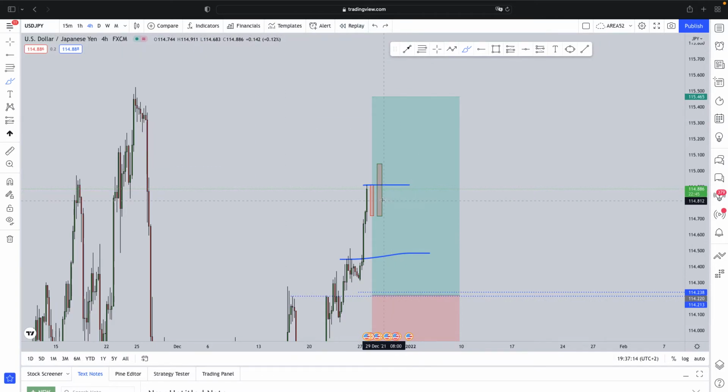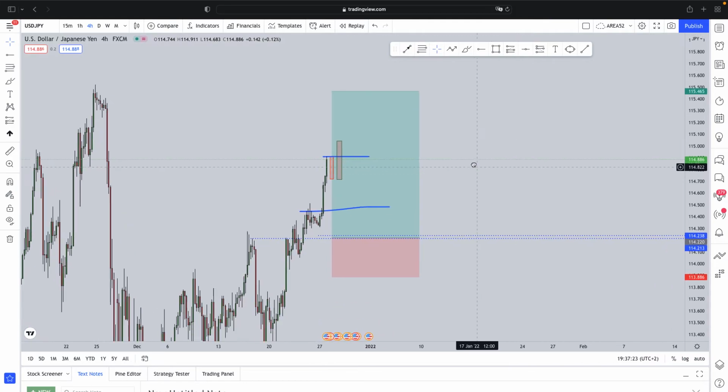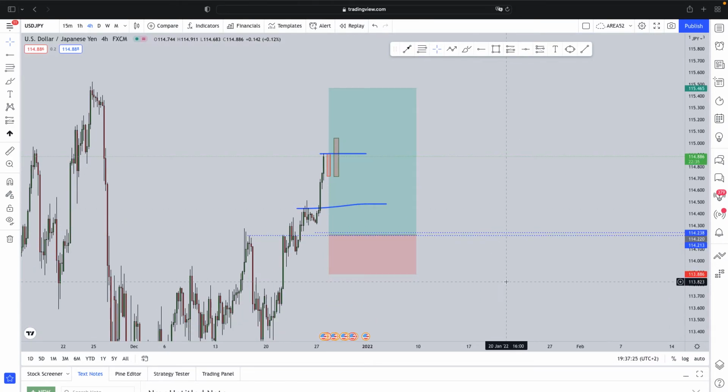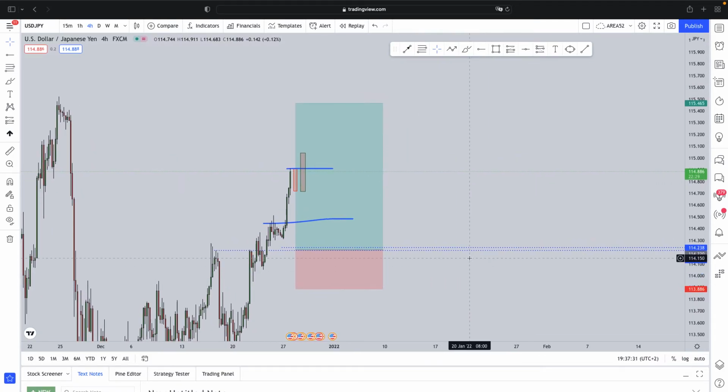And this is basically how you trail your stop loss based off market structure. This is the best method that you want to use in order to trail your stop loss. Now, why do I say that?